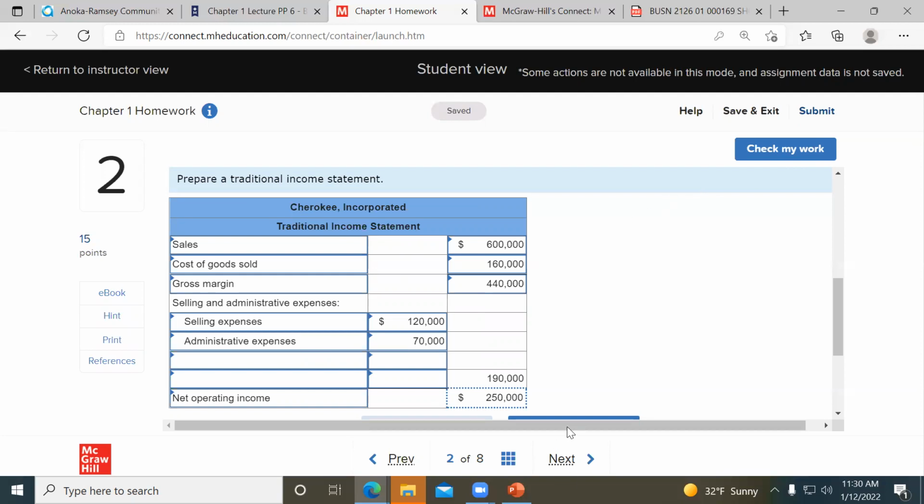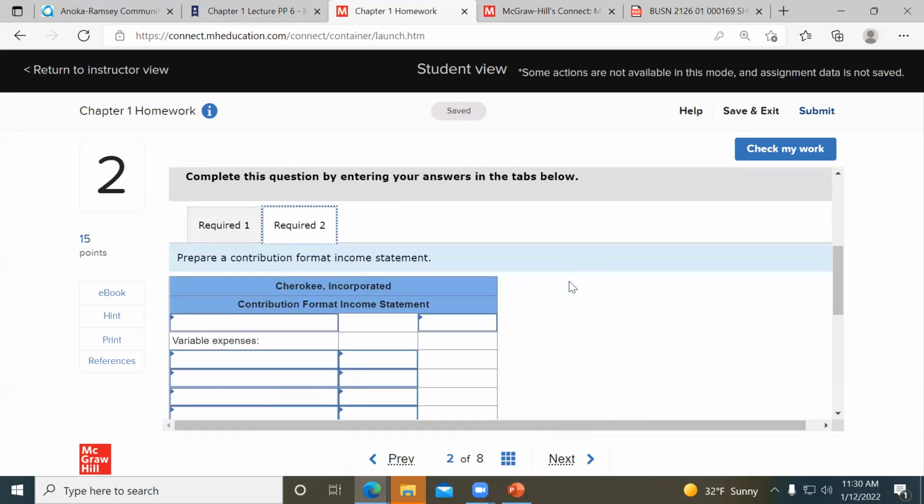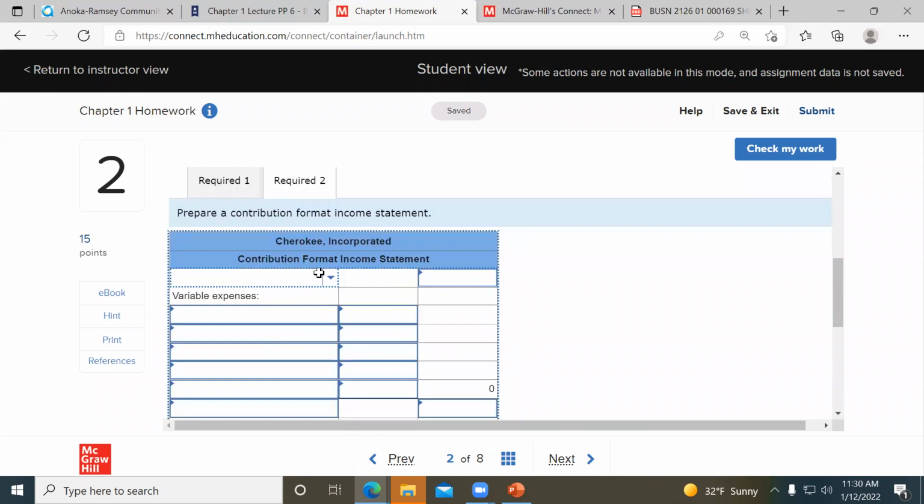Okay, so moving on to the contribution format, we would show the sales of the same amount, 600.